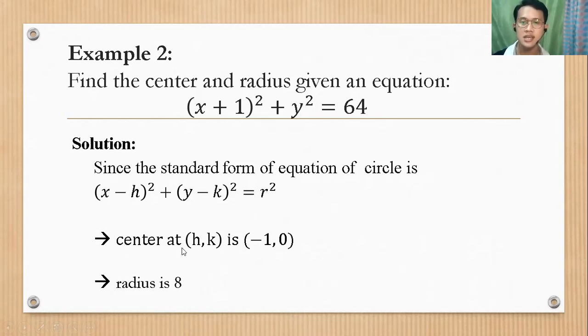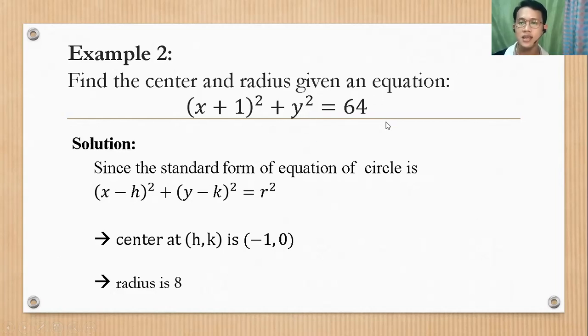Our center (h, k) is (-1, 0). -1 because the value of h there is 1, and then our k is 0. Exactly. As you can see from the standard equation, it's already y squared, which means the value of our k is 0.